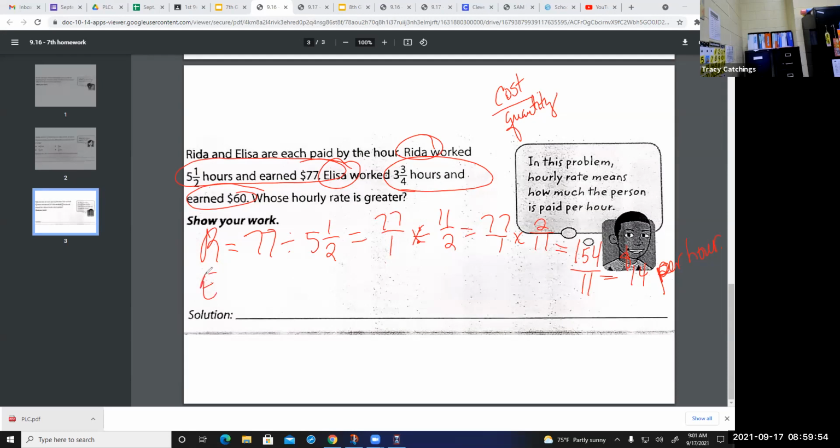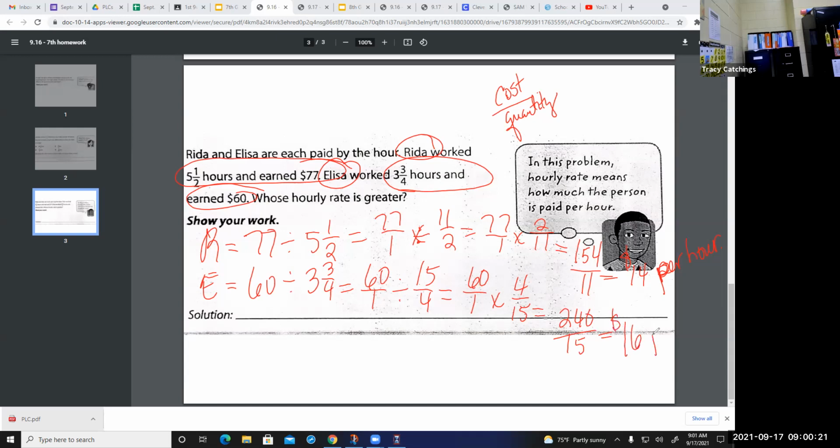What about Alyssa? How did you set it up? Okay, so 60 over 1 divided by 15/4. 60 over 1 times 4/15. 60 times 4 is 240, divided by 15.